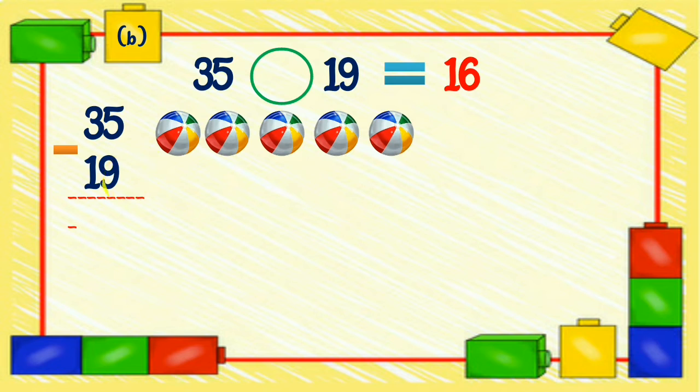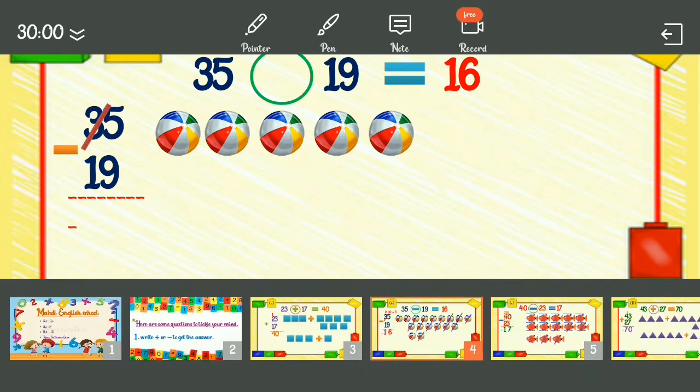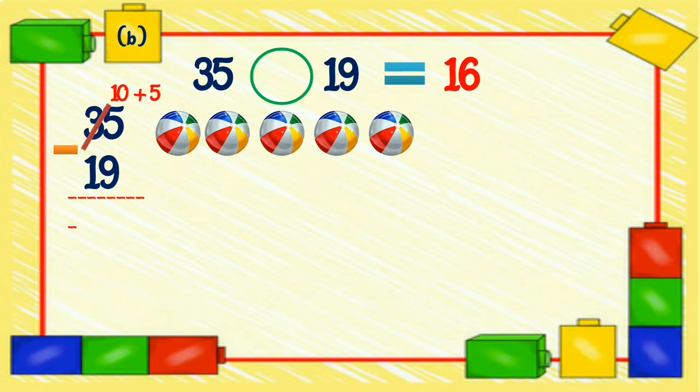That's why we borrow from the left digit, the other digit. We cut 3 and add 10 to the 5, and the number 3 becomes 2.